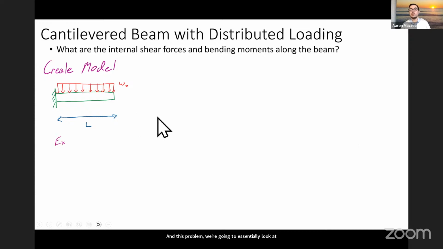So here we go, external equilibrium. And to be clear, when we do this type of work, it does not exclude this step. If you use the differential integral relationships or you use equilibrium, you still need to figure out what's going on with external equilibrium.